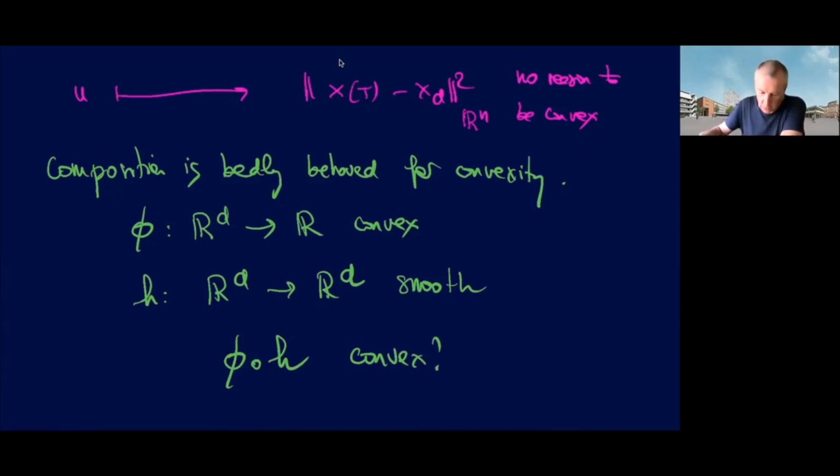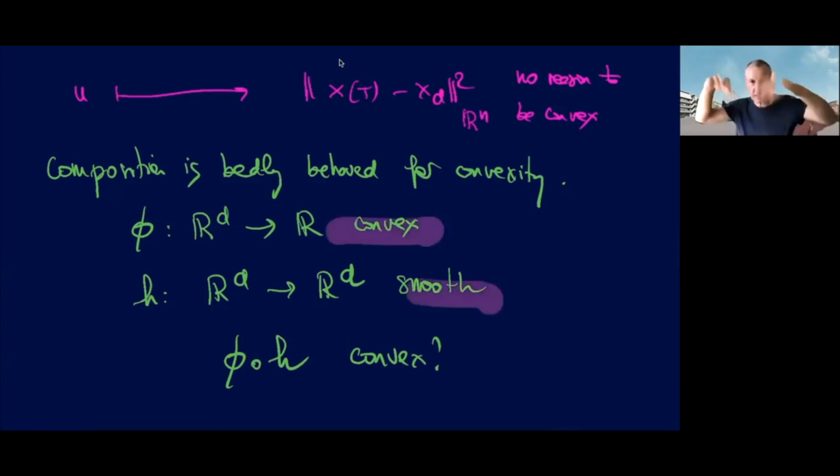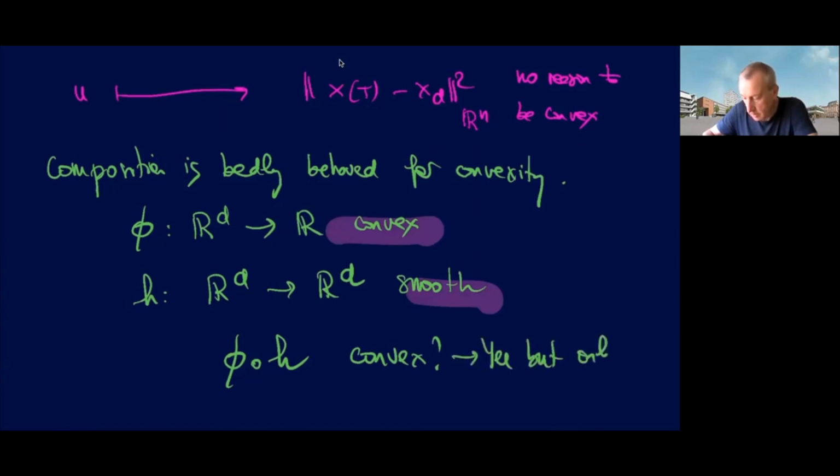I know phi is convex. This is given. And h is very smooth. But I don't have any idea what is the shape of h. Yes, very good. So the answer is yes, but only when h is linear.